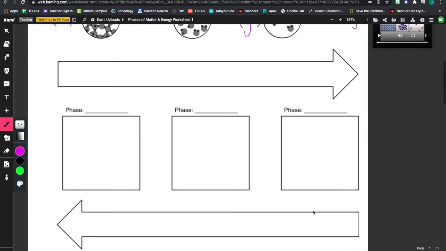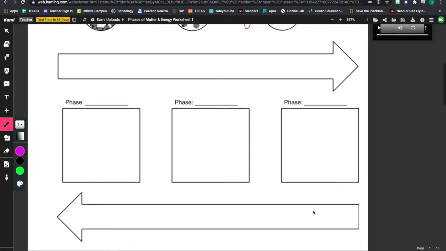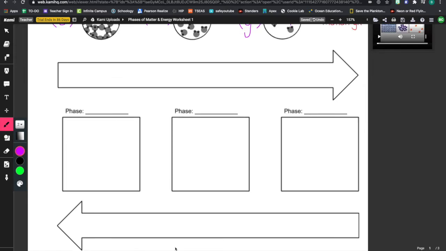Now that we've covered that, we know our three states of matter, we can talk about the energy that is associated with them. And remember, we're talking about the movement energy, and that is called kinetic energy. We're first going to draw our particle diagrams.